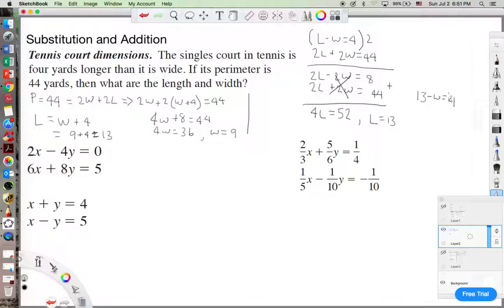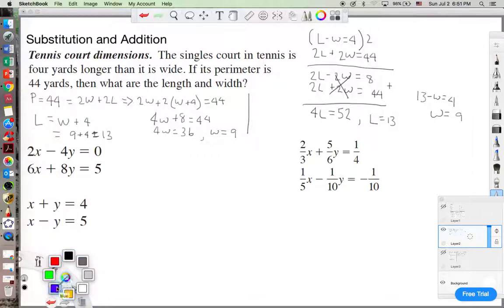And so we can subtract this over here or add this over here. Either way, get the variables on one side, the numbers on the other. And we come up with W is equal to 9. Okay? Same answer either way.